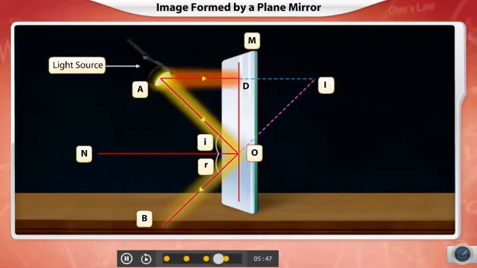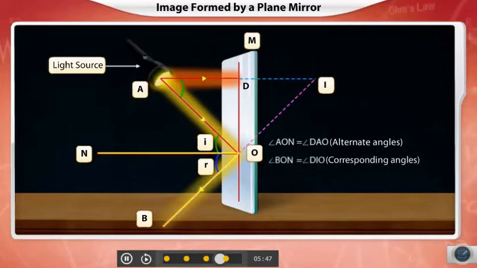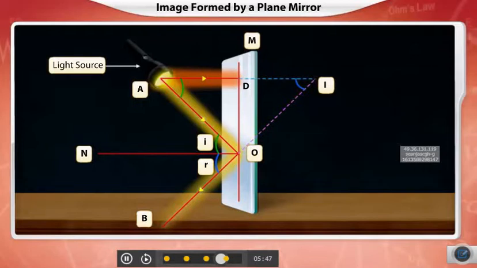We can observe that the angle AON is equal to angle DAO as they are alternate angles. Also, the corresponding angles BON and DIO are equal. This implies that the angles DAO and DIO are equal.